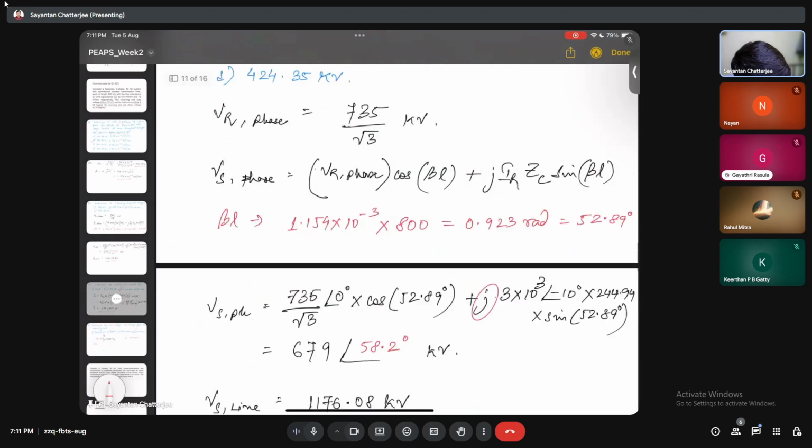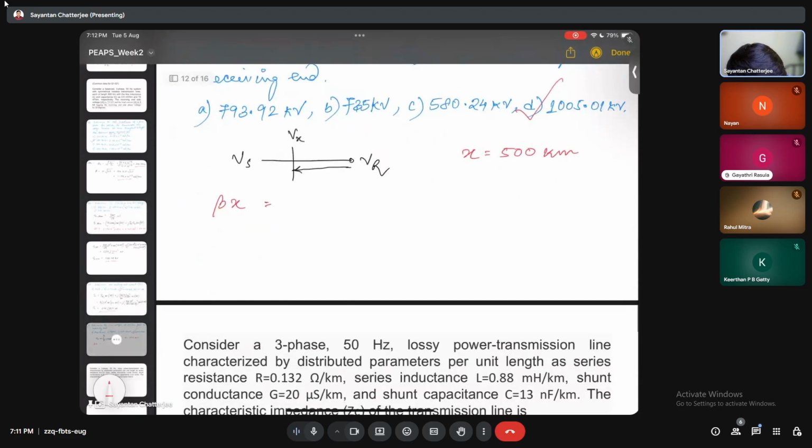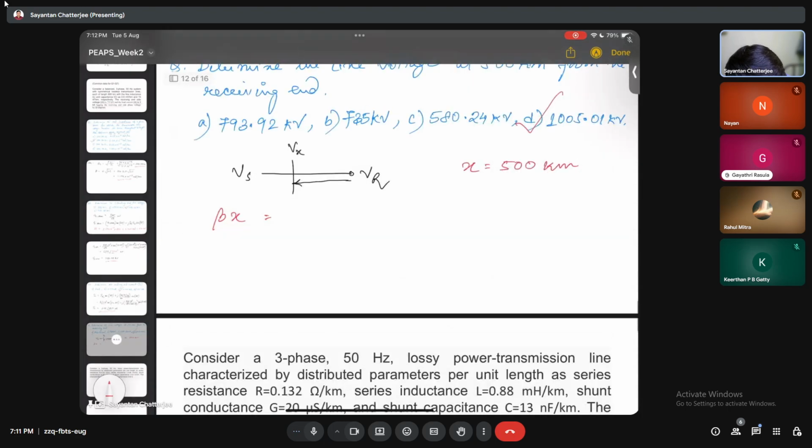Beta we have already calculated as 1.154 into 10 to the power minus 3. So here it will again be 1.154 into 10 to the power minus 3 into 500.